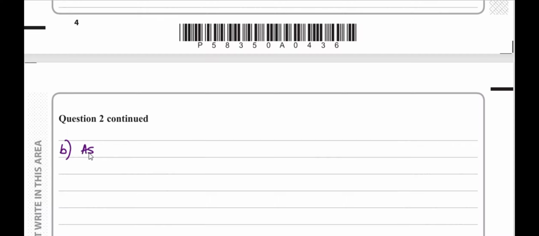As temperature increases, people do less shopping.